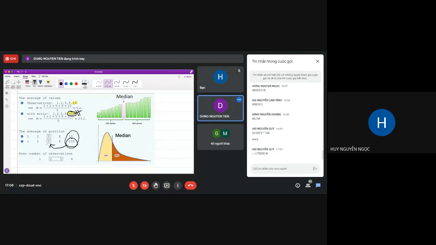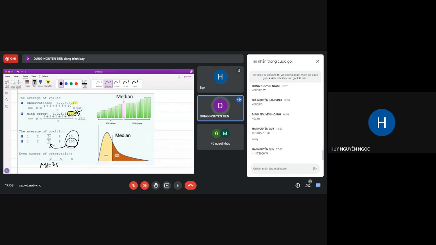Okay. In this case, there are 5 numbers, and you can find exactly one value at the middle. What if you have 2 values in the middle? Like there are 4 numbers here, and there are 2 numbers in the middle, 2 and 5. Then you need to use the average value 3.5 to get the median of the observations. Do you understand?